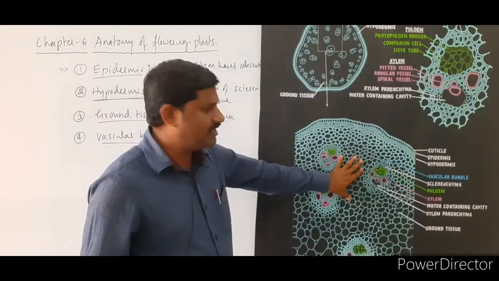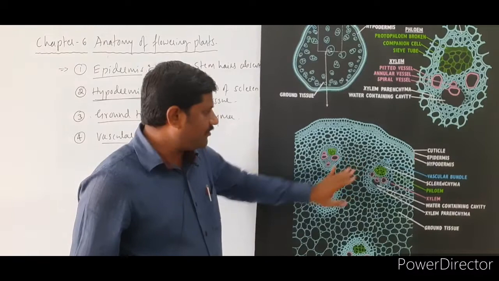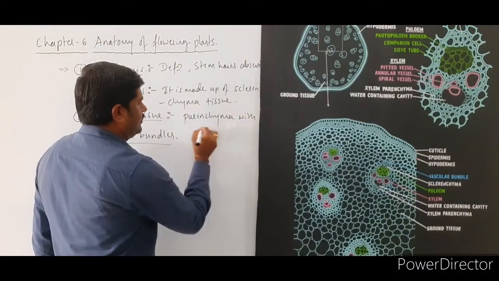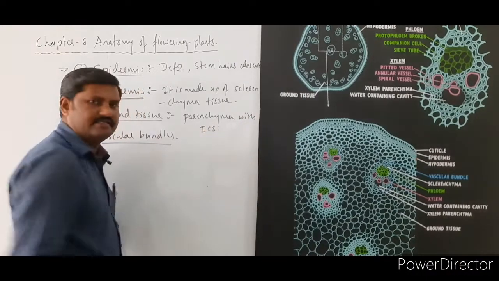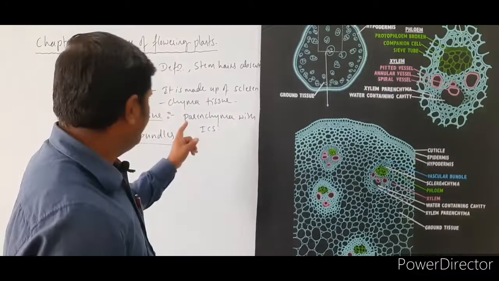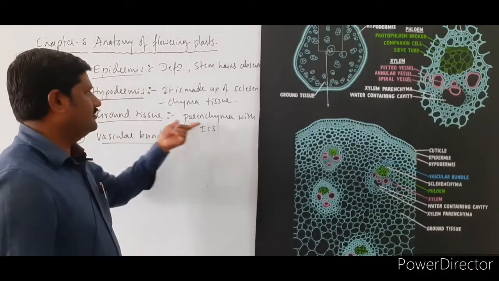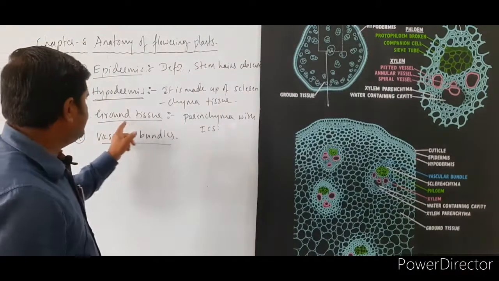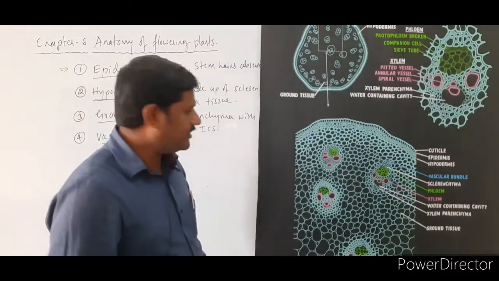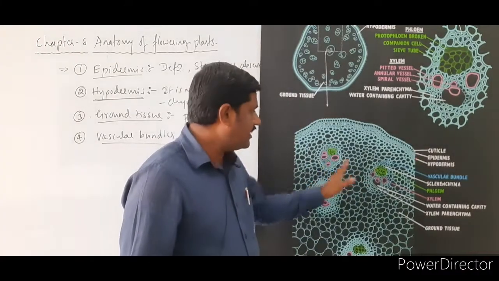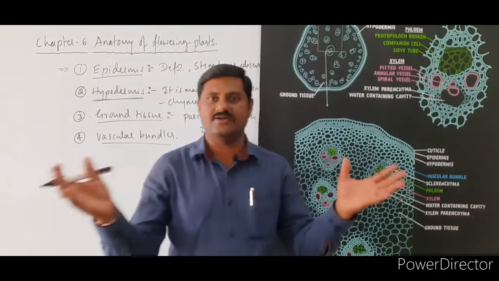So this is more important aspect. Parenchyma tissue with ICS, in the sense that intercellular spaces are seen over here in case of the ground tissue, that is parenchyma, right? So this ground tissue in which the vascular bundles are scattered over here.